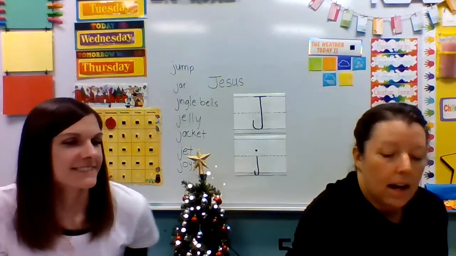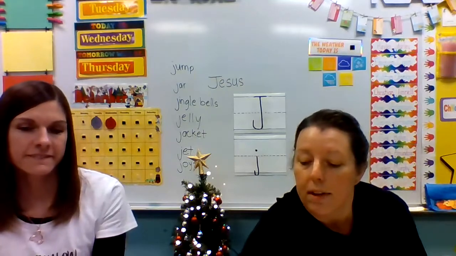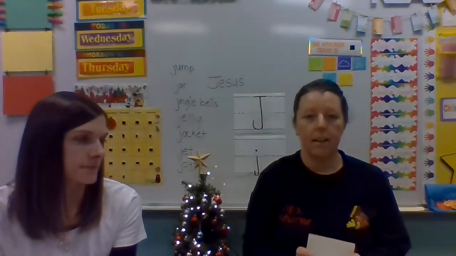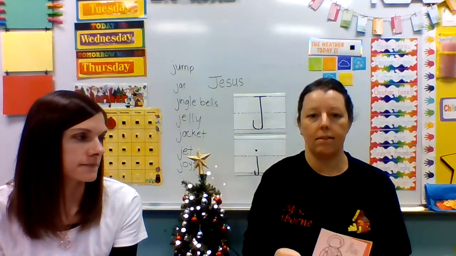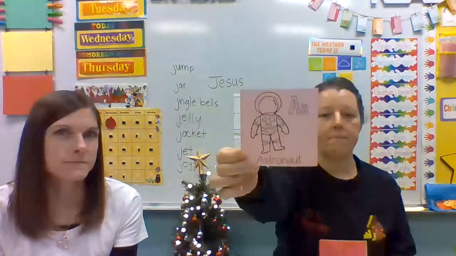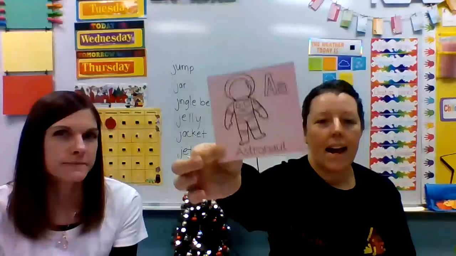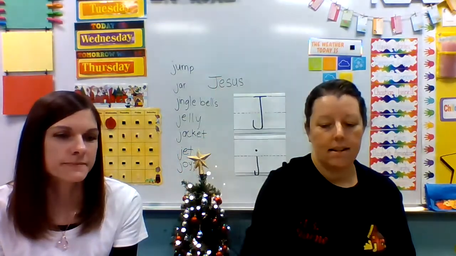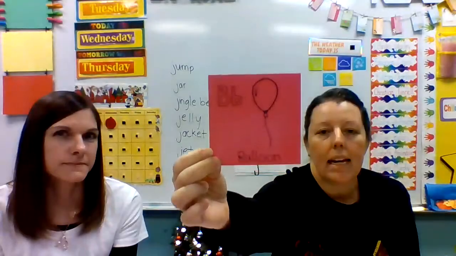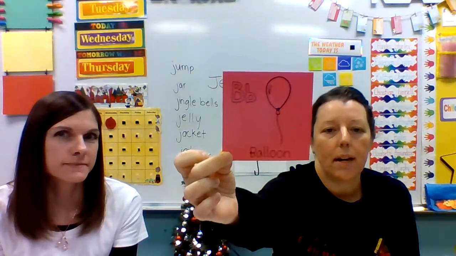So I want to go over, just review the letters that we've already done for this year. If you know the letter, I want you to say it out loud. Here we go. A is for astronaut. B for balloon.